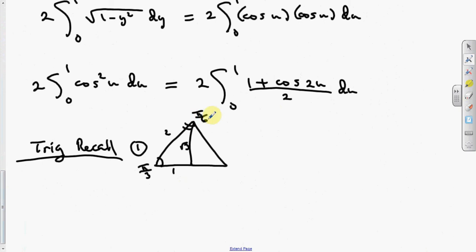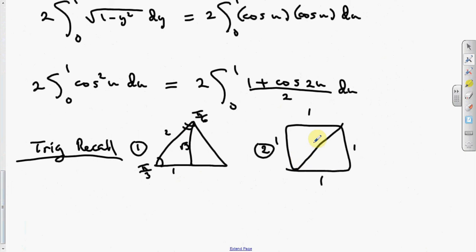Pi over 3. Pi over 6. The second thing that I remember from trig, take a square with all sides equal to 1, bisect this guy, use Pythagoras, we get the square root of 2, and theta is equal to pi over 4.